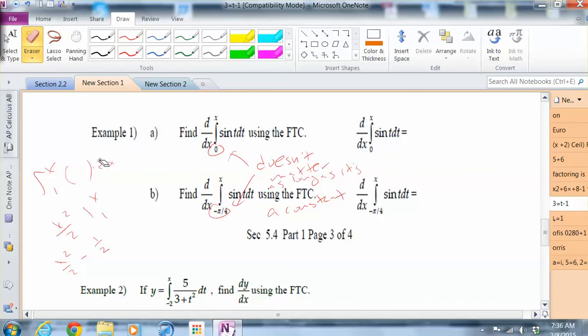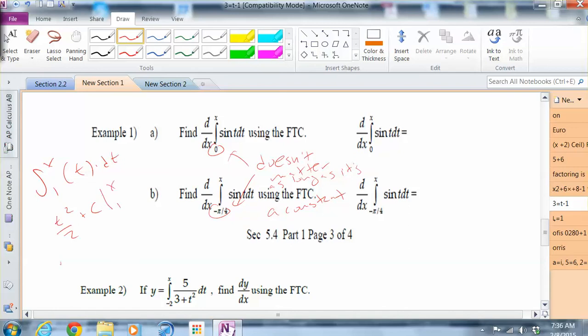Actually, let me take that back. Sorry, I totally botched this one. So you're integrating from 1 to x of t times dt. So you have t squared over 2 plus c as your antiderivative.